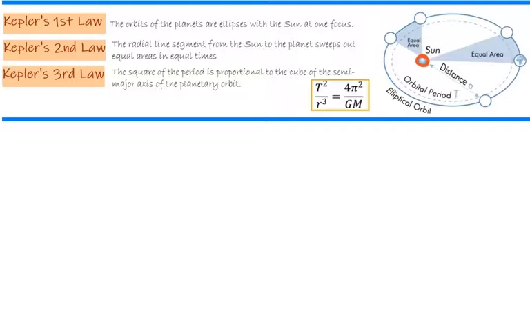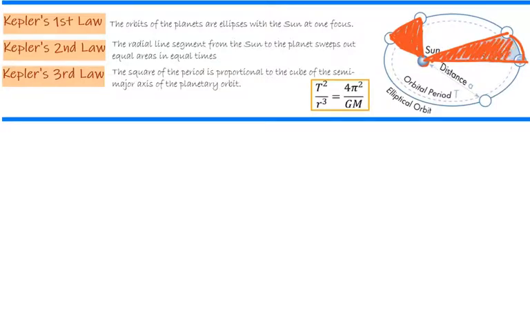The second law says that the radial line segment from the Sun to the planet sweeps equal areas over the same time. It sweeps this area over some time, and over the same time it will sweep another area, and these two areas will be equal to each other.